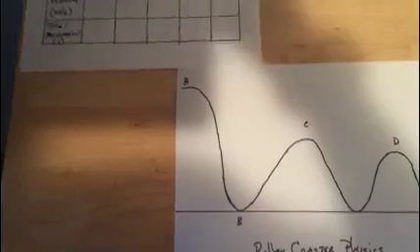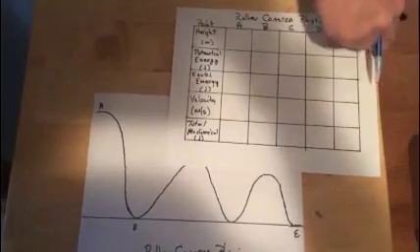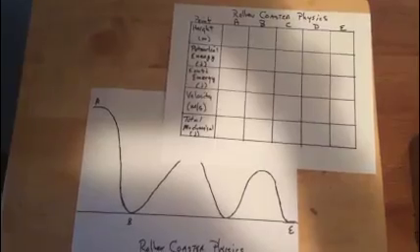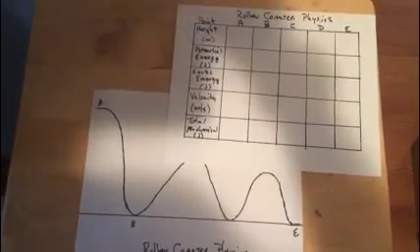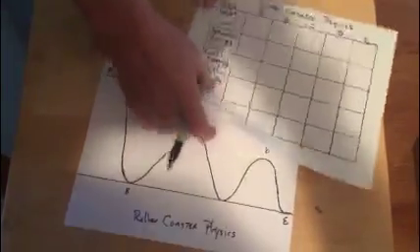Point A. So we're looking at our sheet here, and we're seeing point A. Point A is going to be 90 centimeters, but as we can see on our chart here, it says in meters, so that's going to be 0.90.